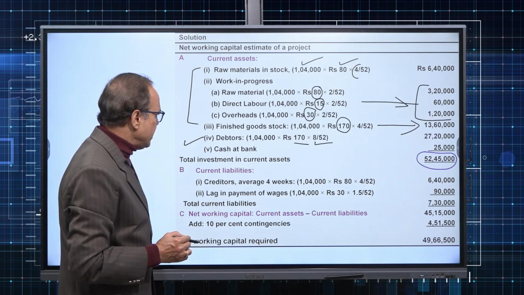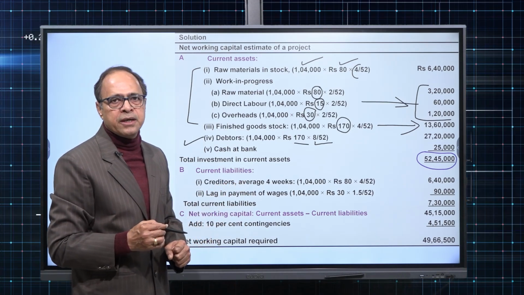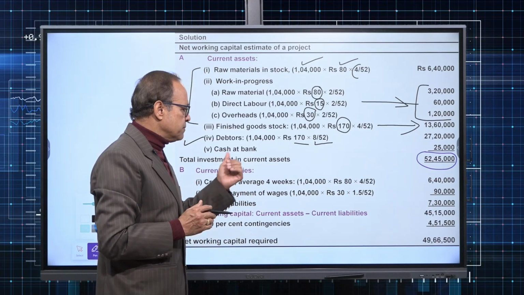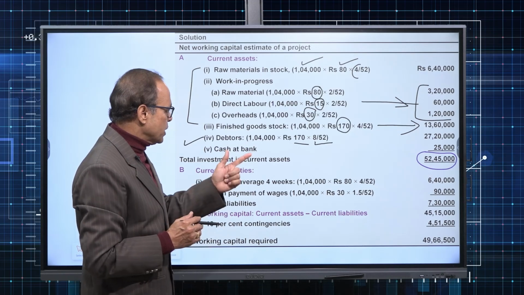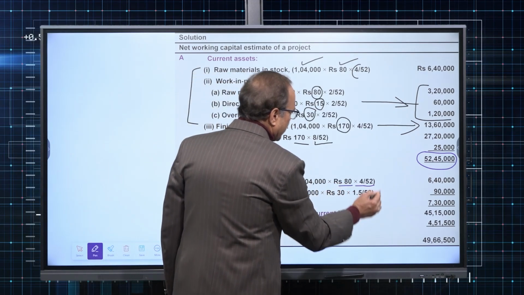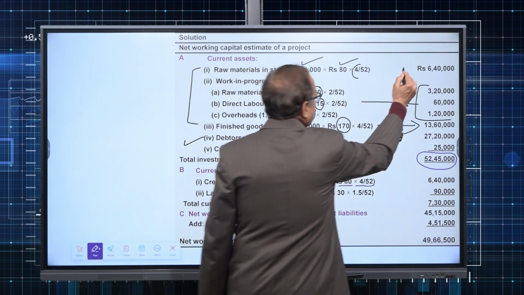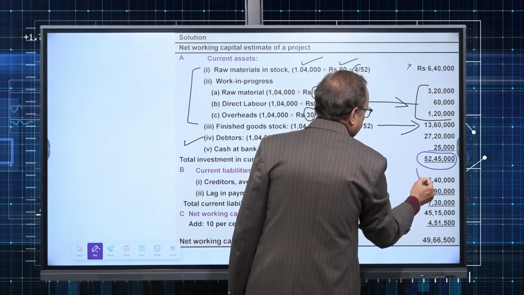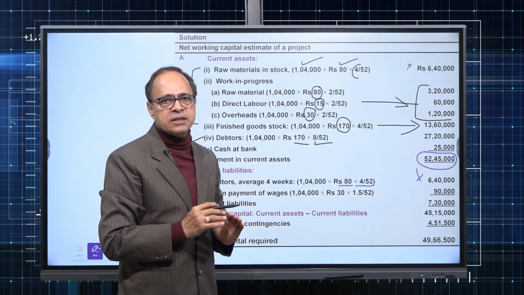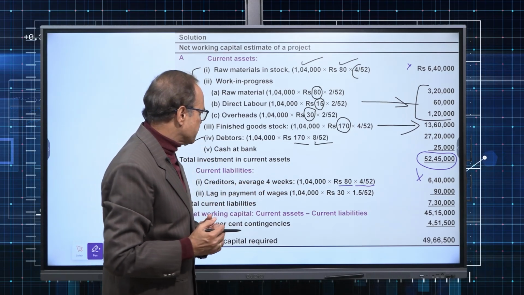Now, when we estimate current liabilities, we are given average 4 weeks time period. And again, default consideration. All the raw material is purchased on credit. So you can see 80 was the cost of each unit. 4 weeks credit allowed by suppliers. So 640. So by chance, this 640 and this 640 are same because we have same holding period, same parameters are there. But in practice, it may be different.